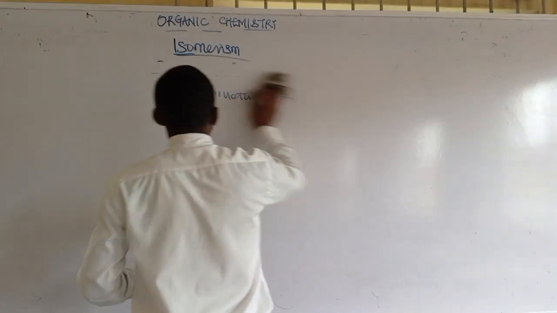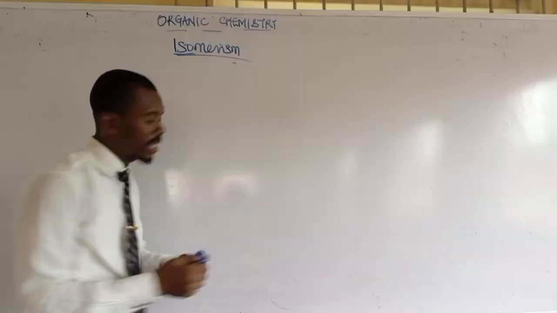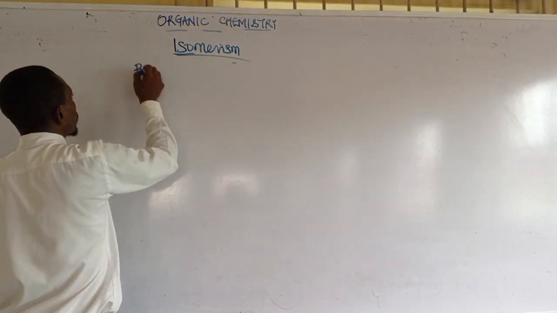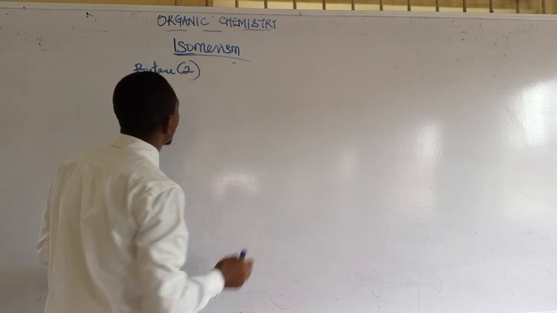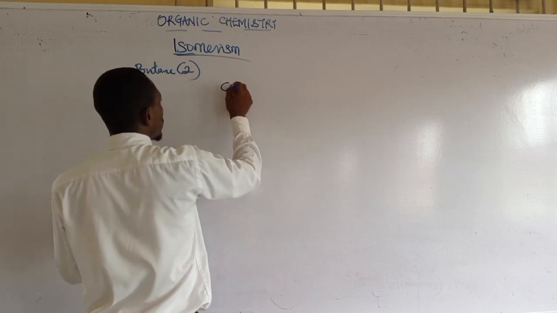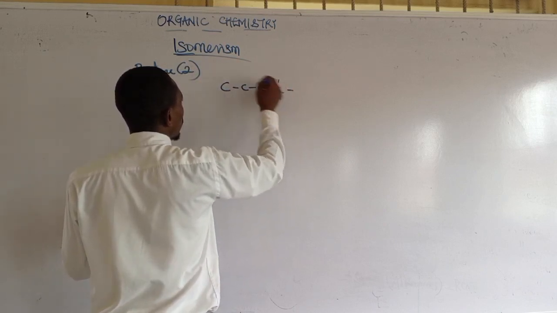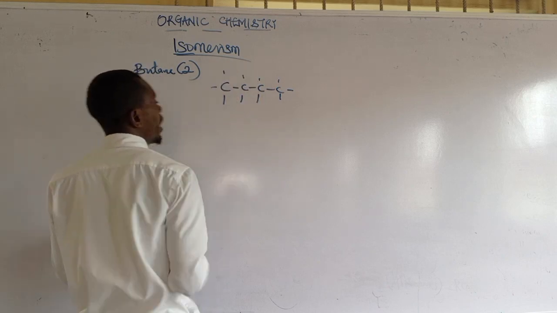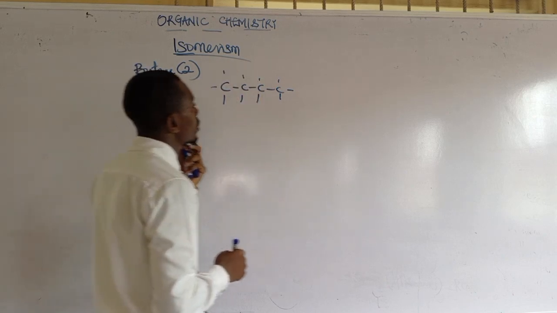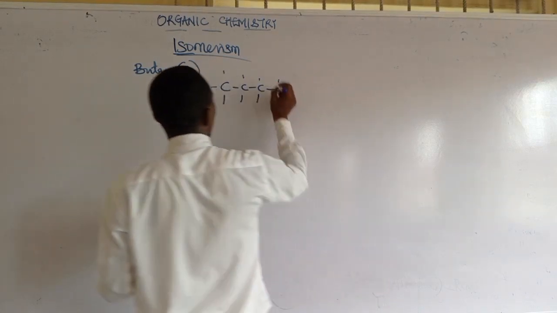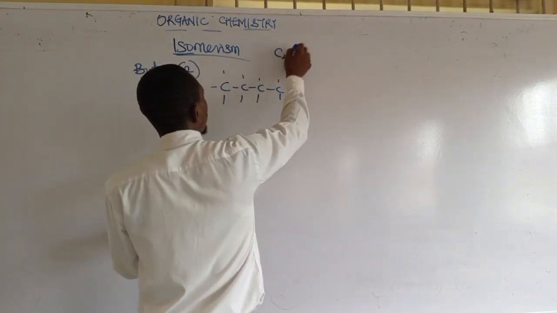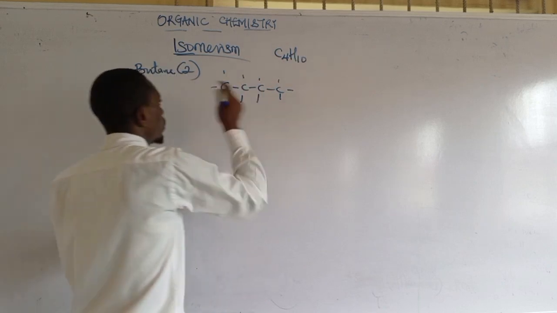We take for the alkanes now, we have butane. So butane has two structural isomers. So this is butane, C4H10.